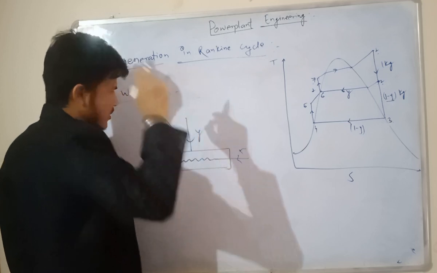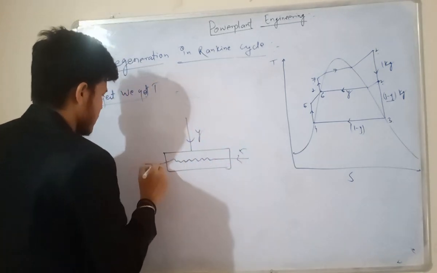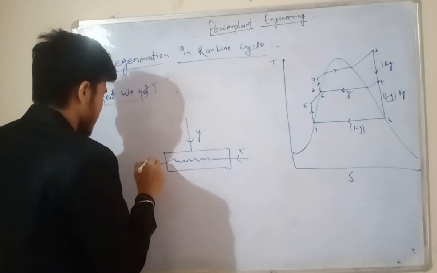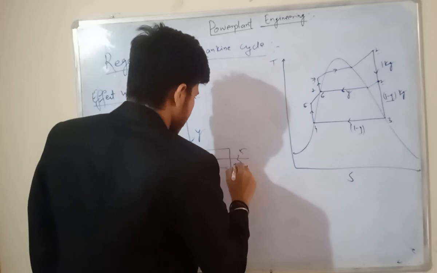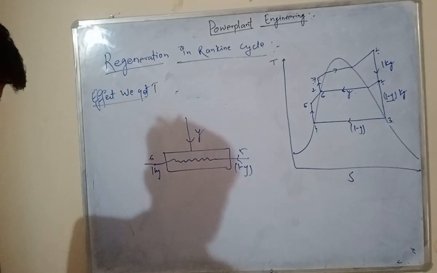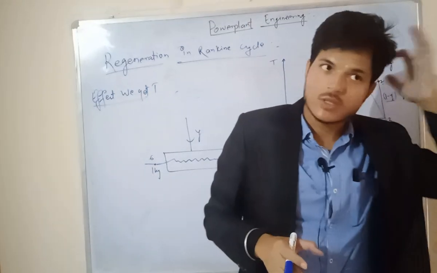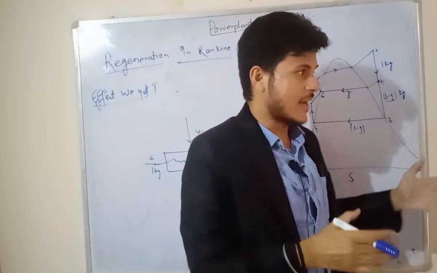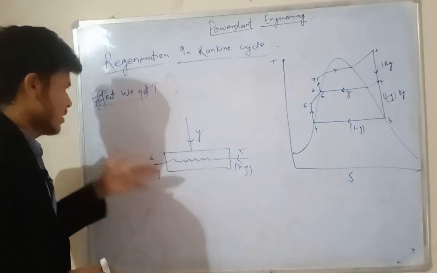We are extracting the y fraction of mass from turbine 1, and this is 0.6. At the balance condition, this is 6, this is 1 kg, this is 1 minus y. We already assume in these cases in a Rankine cycle that we are neglecting kinetic energy and potential energy, so we are only considering the enthalpy here.